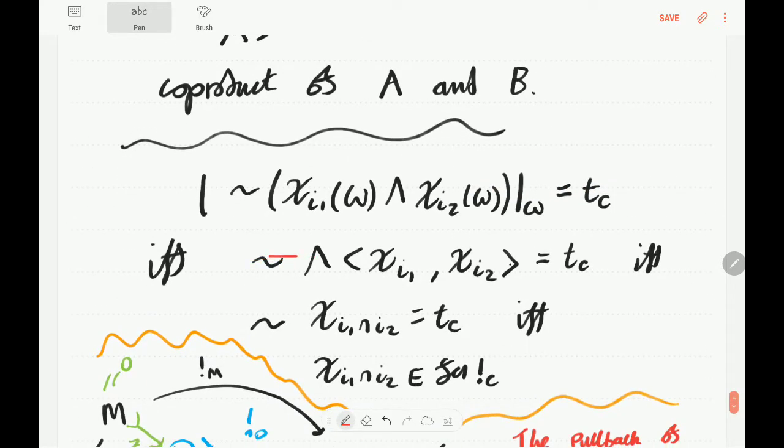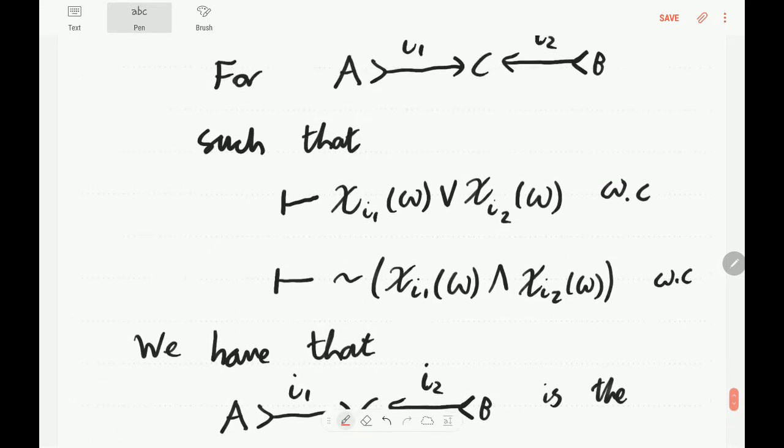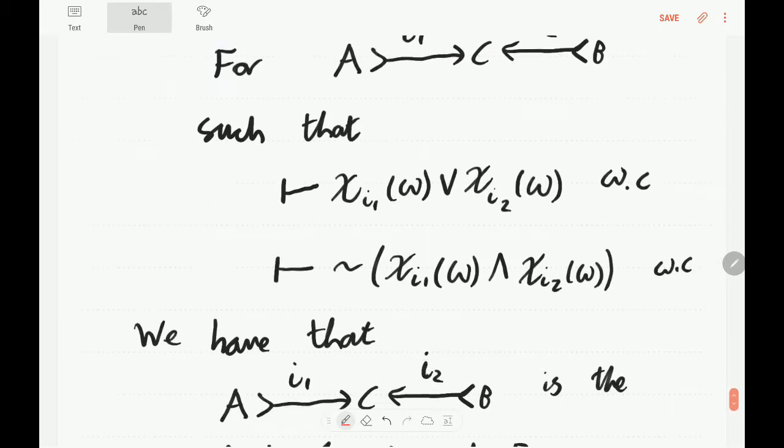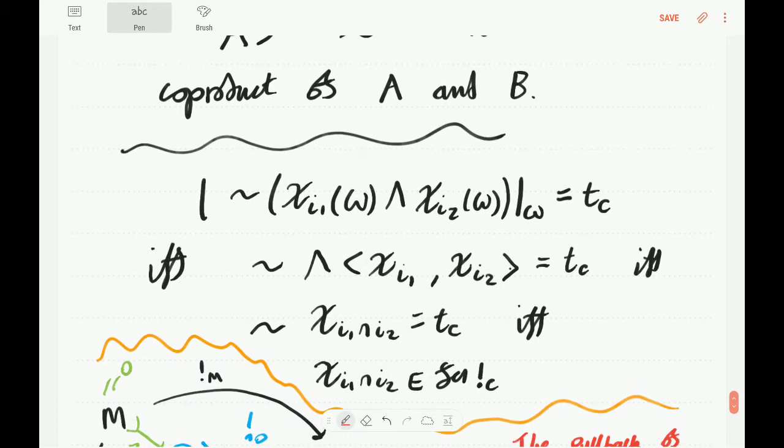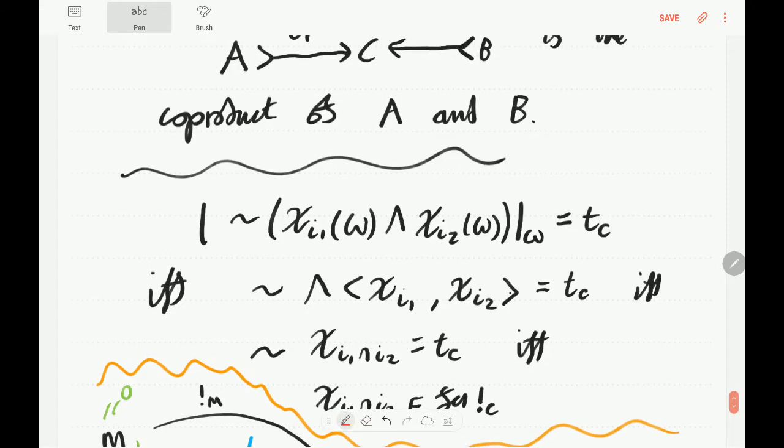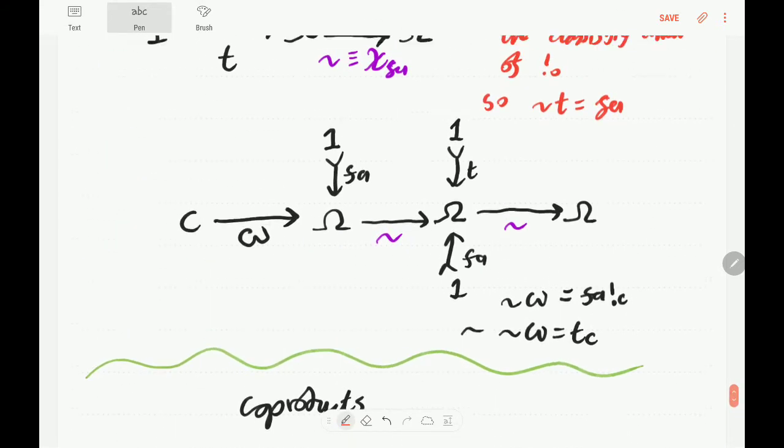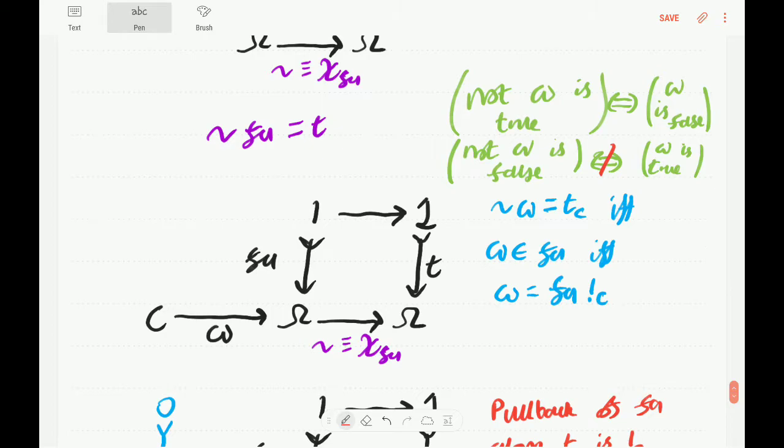That's if and only if not of chi I1 intersection I2 is true, and that happens if chi I1 intersection I2 is in false, okay? Because when not W is true, W is in false.